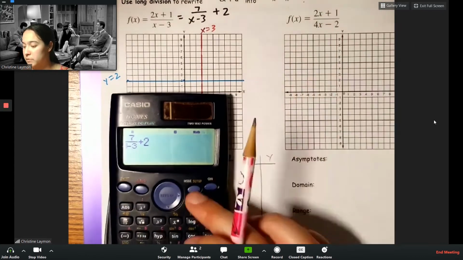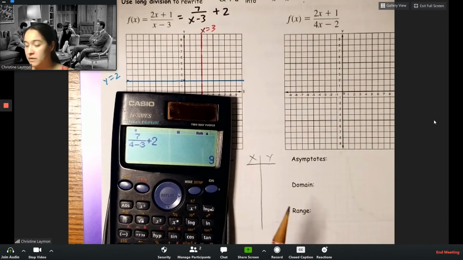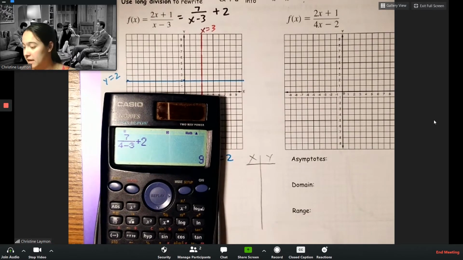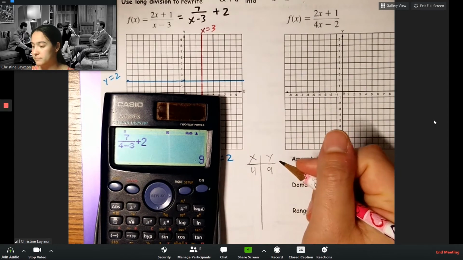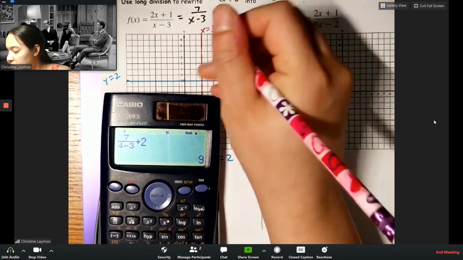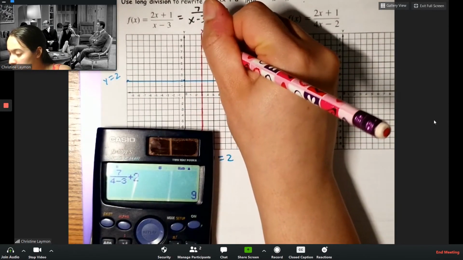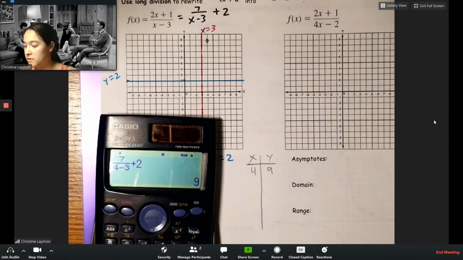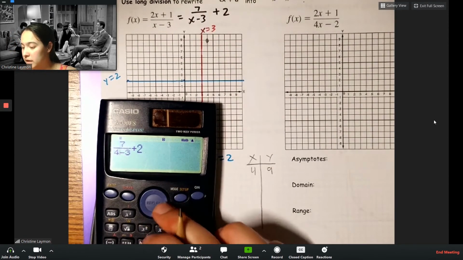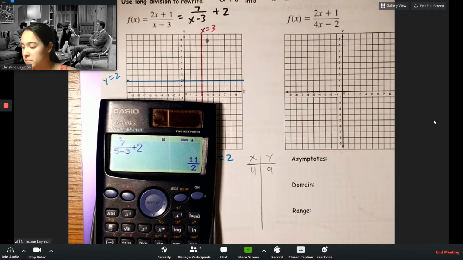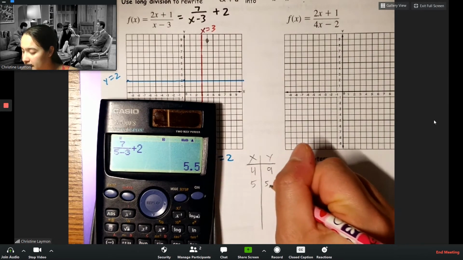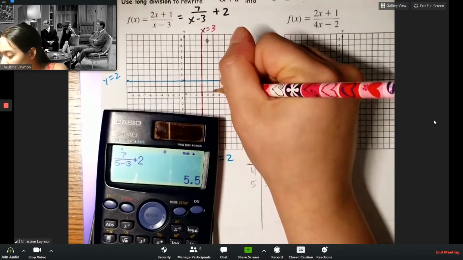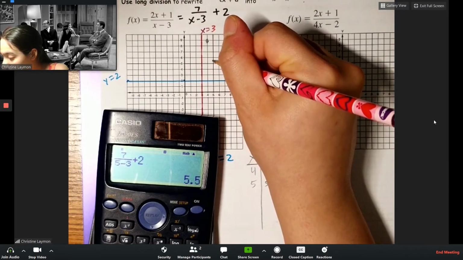I'm going to start by plugging in 4. When I plug in 4, I get out 9. So 4 and 9. Find it here, 4, 9. Let's say I plug in 5. I'm going to get out 5.5. It is a decimal, but I can still take it. So 5.5 right here in the middle.